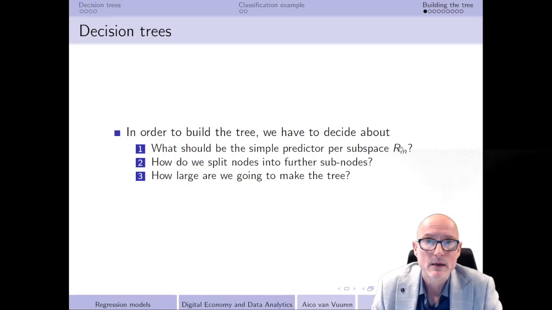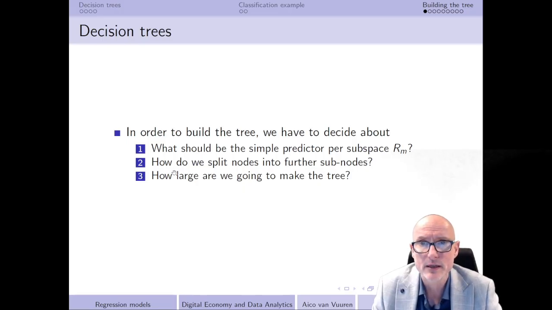Remember that what we had, of course, were the Rm and Cm, where Cm is actually the predictor that we have to make at the moment that we are in a particular subspace. Well, we have already touched upon that a little bit, but it could be better to do that a little bit more formally, and that is what I'm going to do on the next slide.